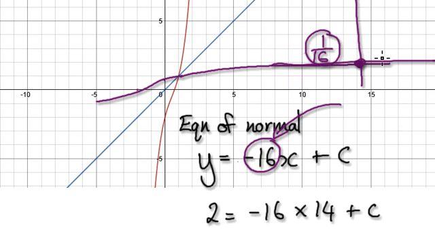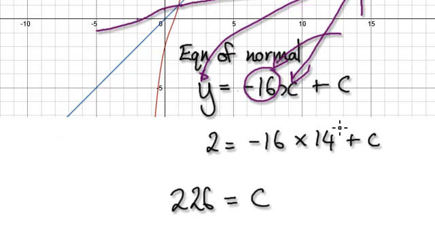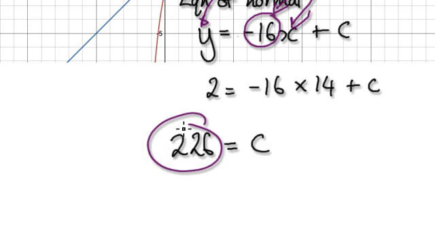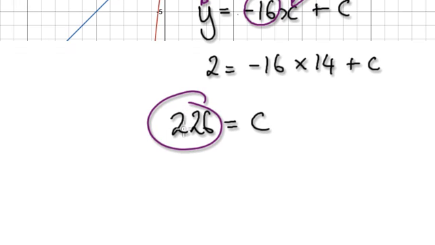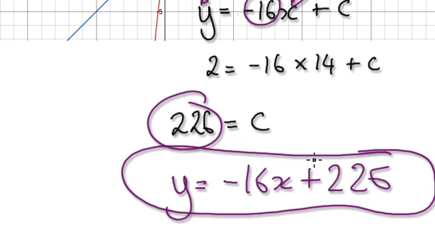You know it crosses at 14, 2. So put the 14 into the x, put the 2 into the y, and work backwards to find c. C turns out to be this, and therefore the equation of the normal line will be minus 16x plus this. So this here is your equation of the normal line.